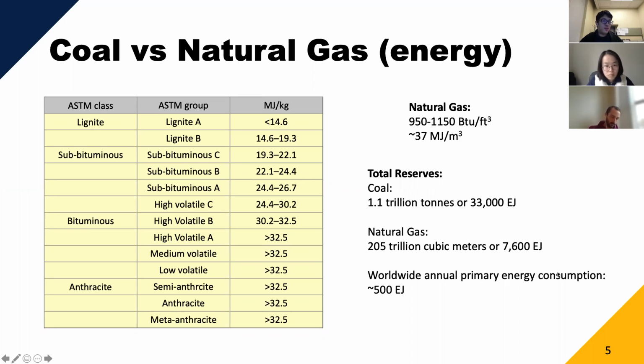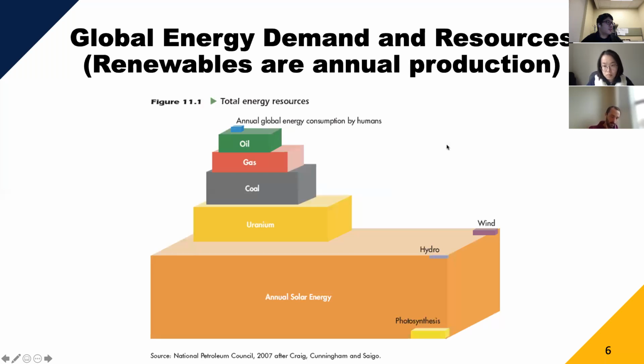That's an important consideration, which we'll talk about, that happened at this point, like a decade and a half ago, for natural gas in particular. And worldwide annual primary energy consumption looks something like this. So I'm going to give a visual of some of these reserves.